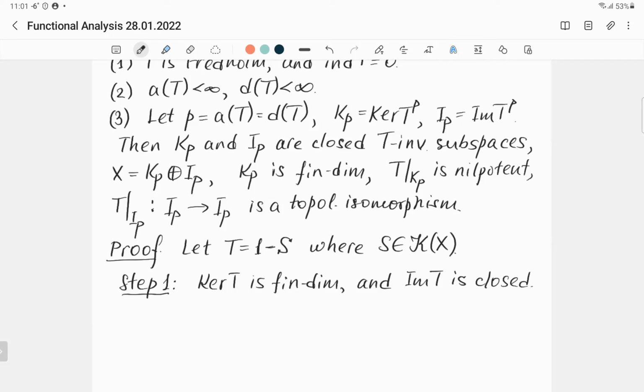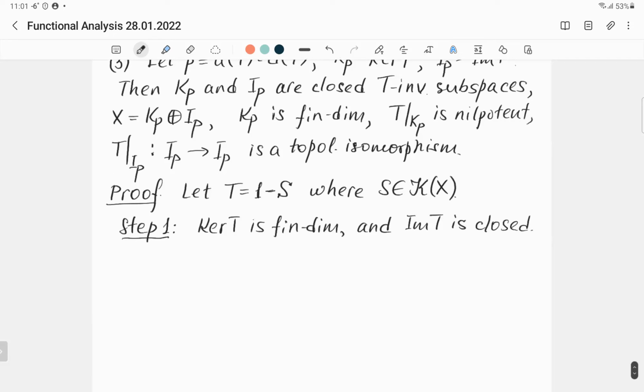Well, why is the kernel of T finite dimensional? Let K denote the kernel of T. Since T equals 1 minus S, we conclude that the restriction of S to K is actually the identity map of K. But on the other hand, S is compact, and therefore the restriction of S to K is also compact.